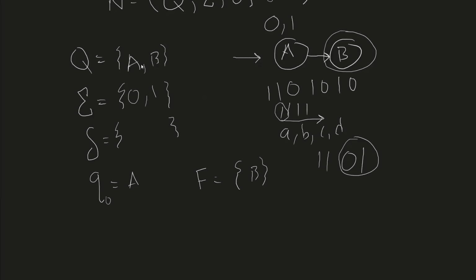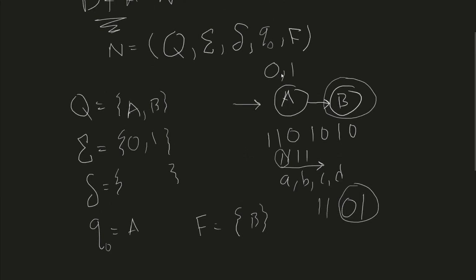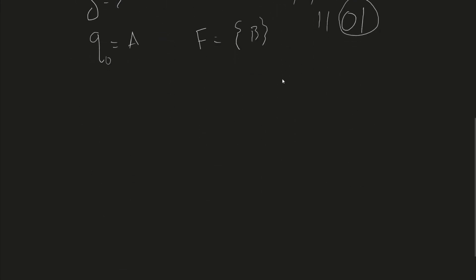So let's begin talking about the transition function here. The transition function basically takes in the state and the input and tells you which state you're going to be changing to. So for example, let's rewrite our DFA over here.